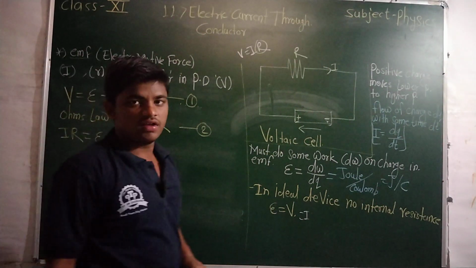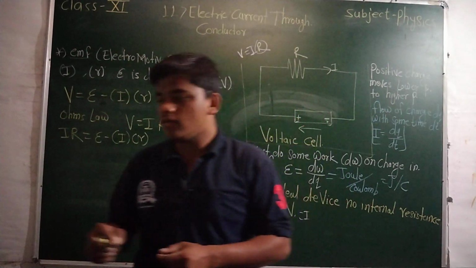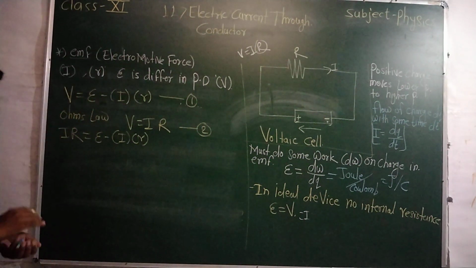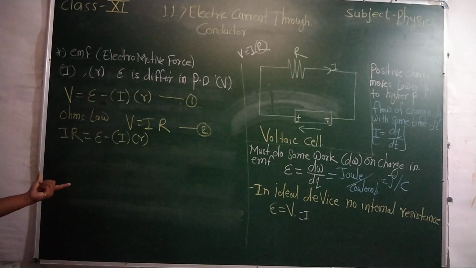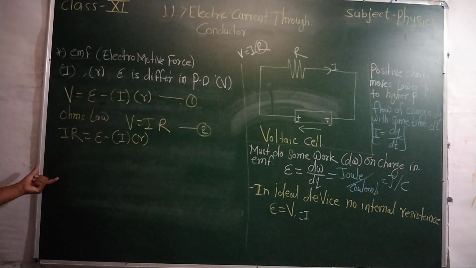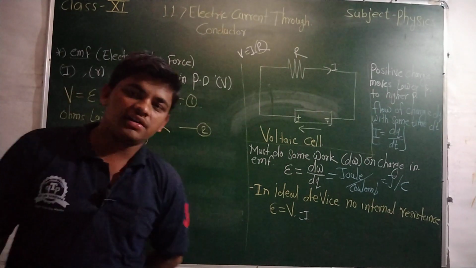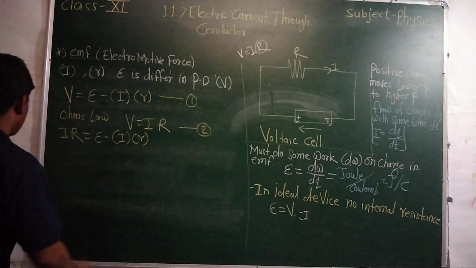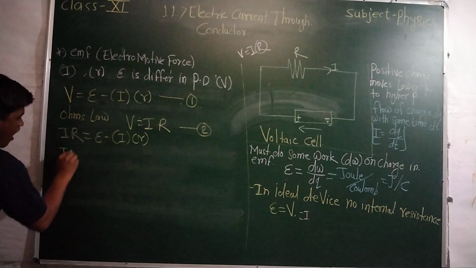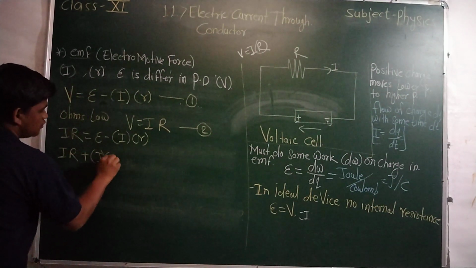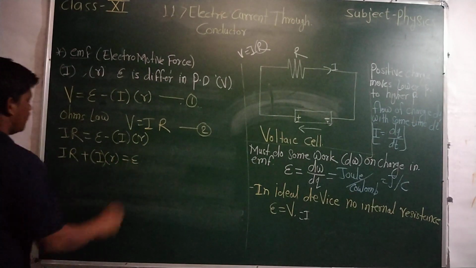This negative sign means the charges flow from the lower potential to the higher potential. Now I will calculate the current. I R plus I r is equal to epsilon. Taking I common, I into (R plus r) is equal to epsilon.